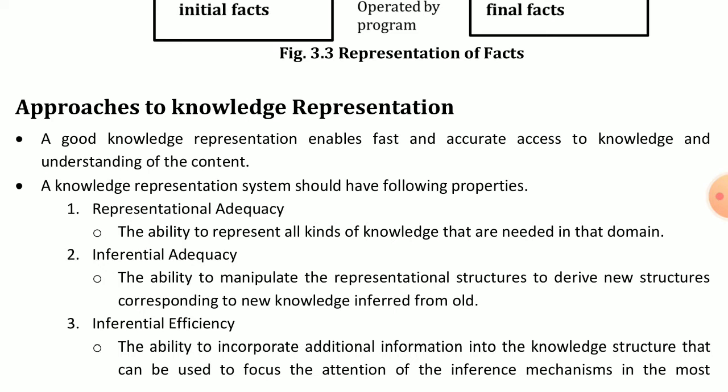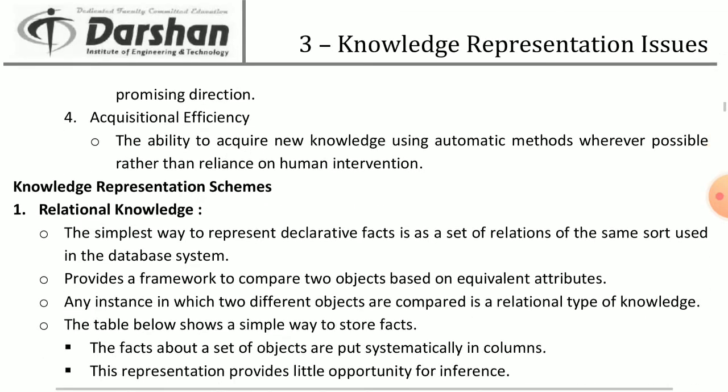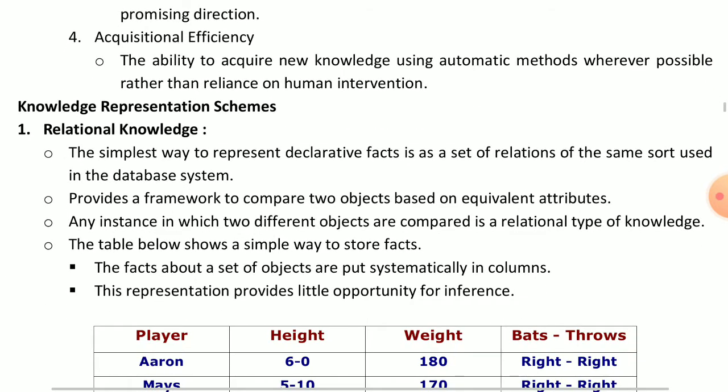Here four different properties are given. First is representational adequacy, second is inferential adequacy, third is inferential efficiency, and fourth is acquisitional efficiency.